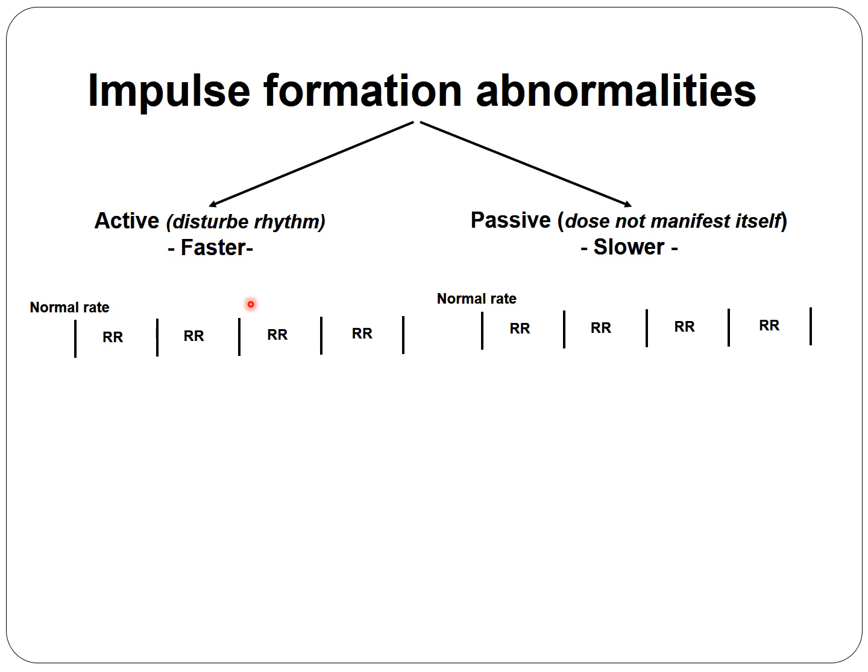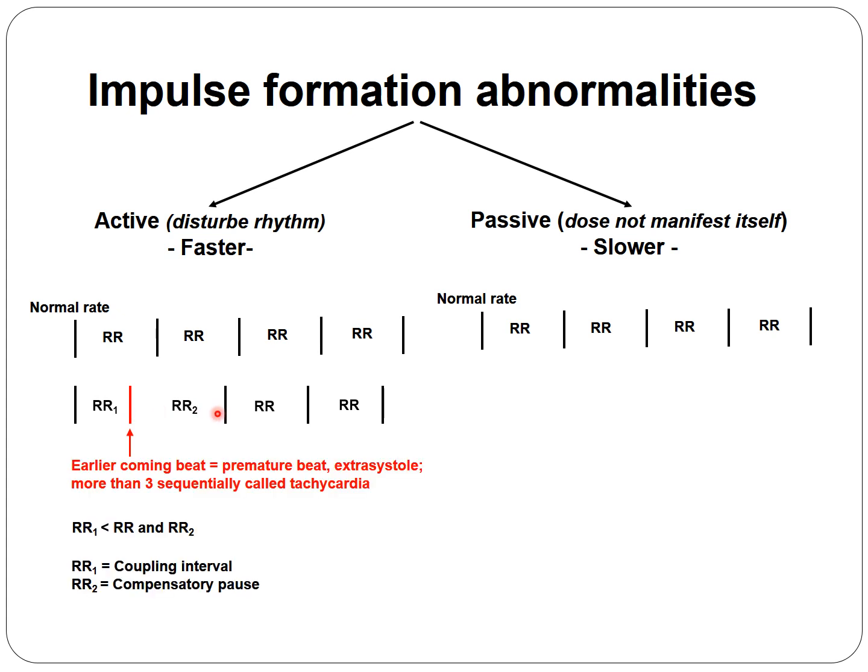Looking at the active arrhythmia, the simplest is when the beat comes earlier, so the normal RR or PP interval is shorter and this shorter interval is followed by a longer interval. This early coming beat is called a premature beat or extrasystole. If we have more than three sequentially, that's called tachycardia.